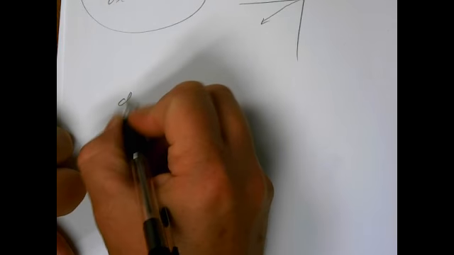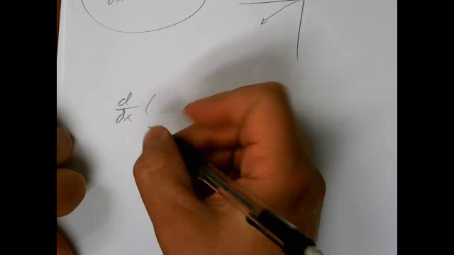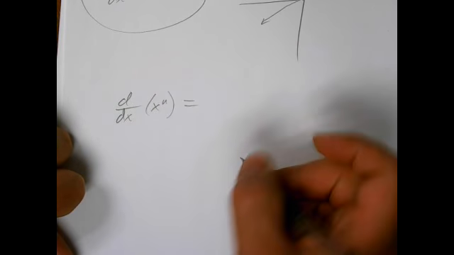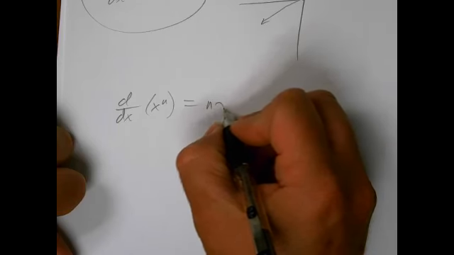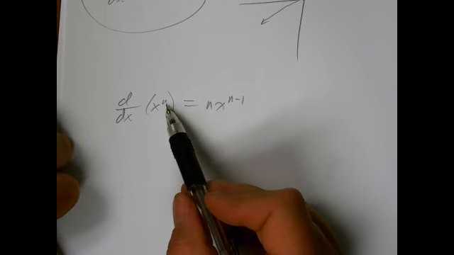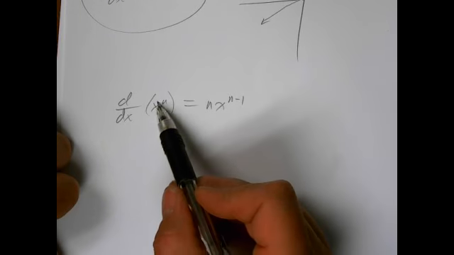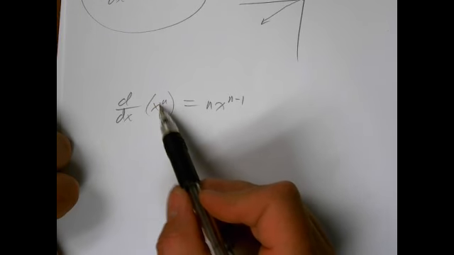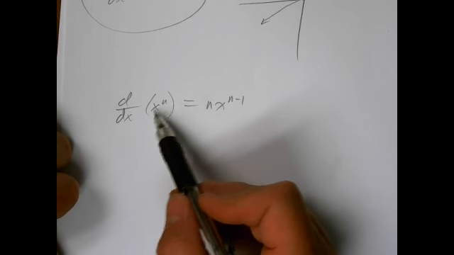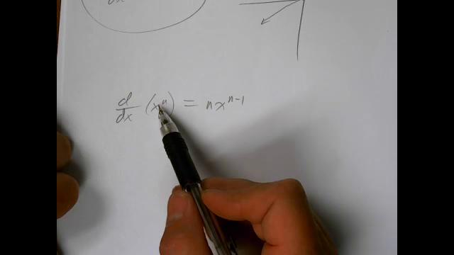The derivative with respect to x of x to the nth power is going to be n times x to the n minus 1 power. So basically, when you take the derivative of a variable base to a constant power, and you really have to emphasize that, variable base, constant power, it doesn't work if it's the other way around.